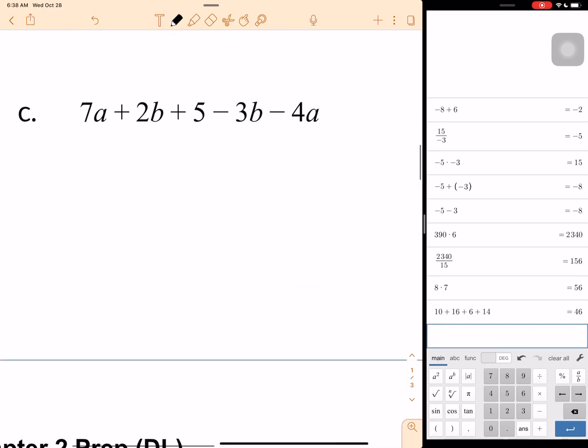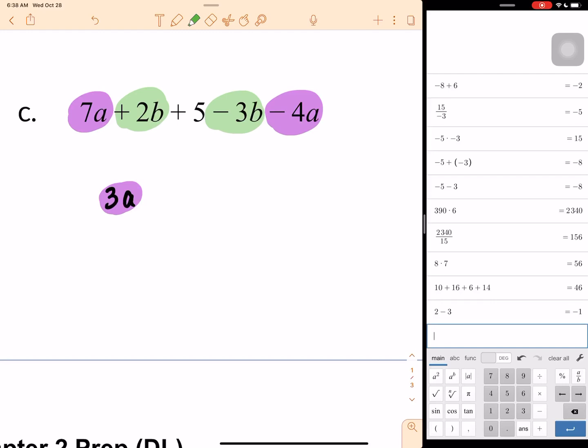Okay, so this one, my lowest letter is a. So 7a minus 4a, don't forget about that minus sign. 7a minus 4a is 3a. Okay. 2b minus 3b. If you struggle with that, just do in the calculator 2 minus 3.